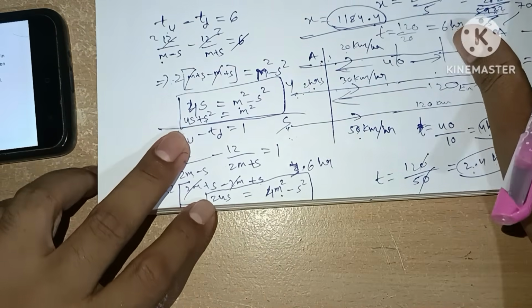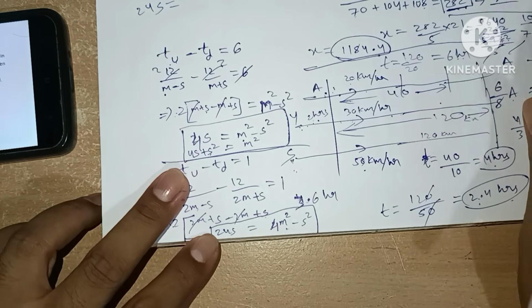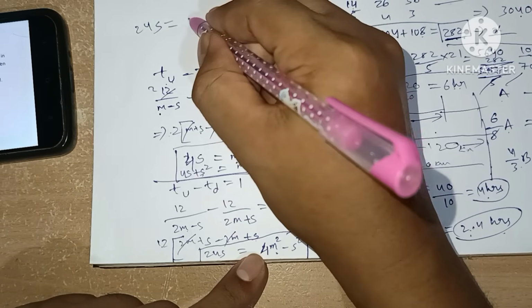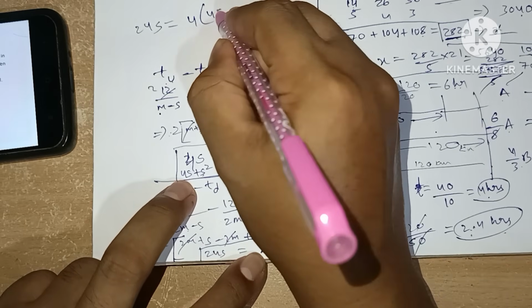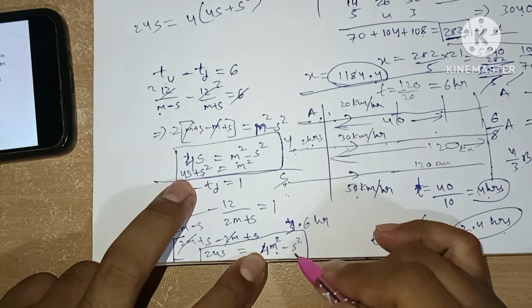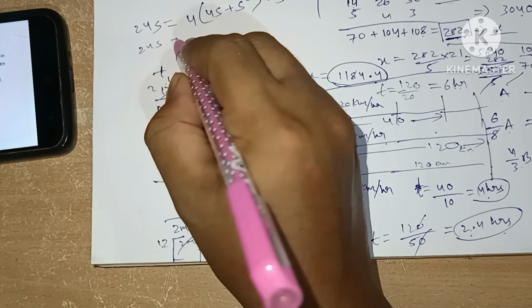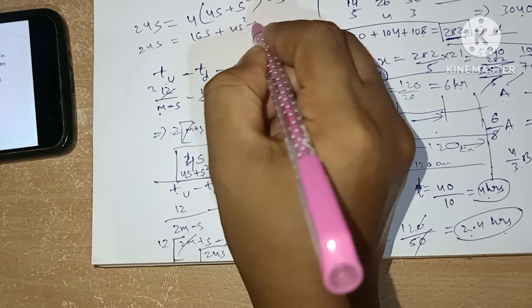What we get is 24s equals 4 times m square. Instead of m square we can write 4s plus s square, minus s square. So we get 24s equals 4 times 16s plus 4s square minus s square.